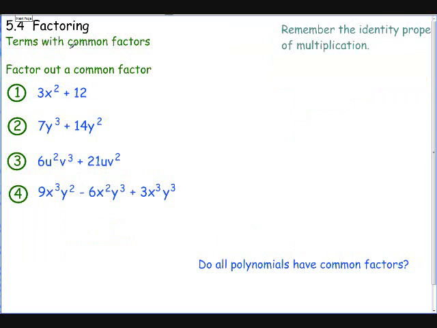Here are terms that have common factors. We are going to see what we have in common in both of these terms. Do you see anything? Certainly not an x, because this doesn't have an x in it. I'm listening and I'm hearing. So we're going to factor a 3 out of this.